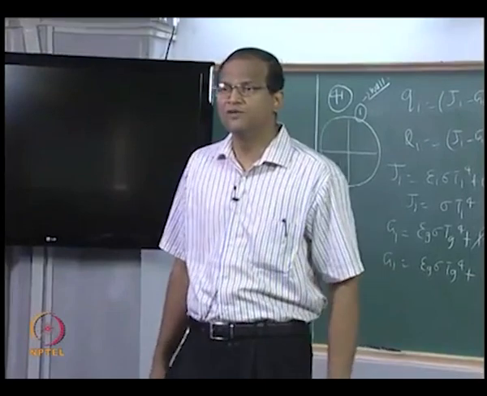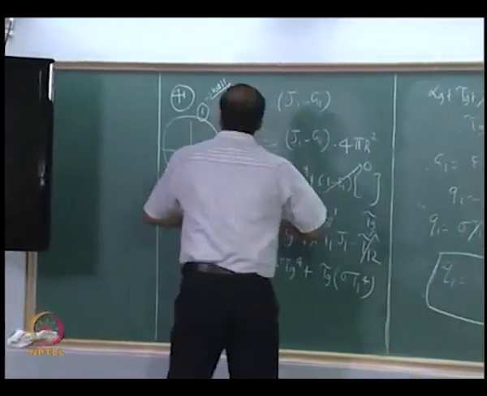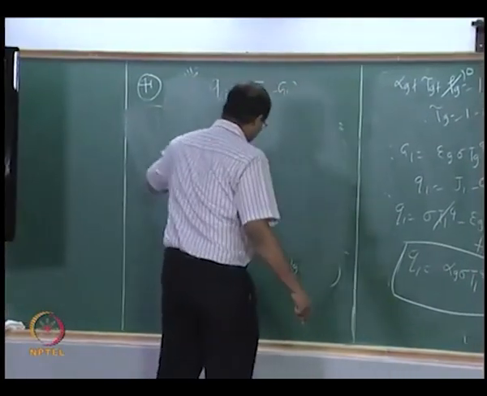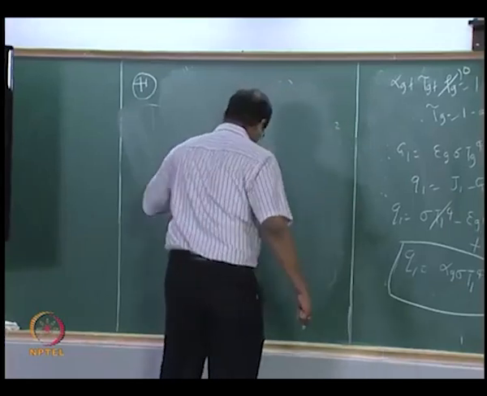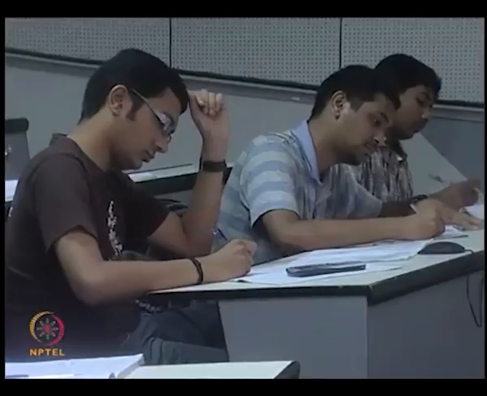Yeah, put in the values, get me the value of Q1. What is alpha g? 0.64.